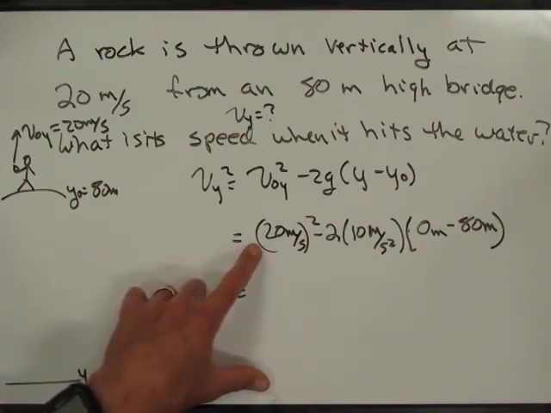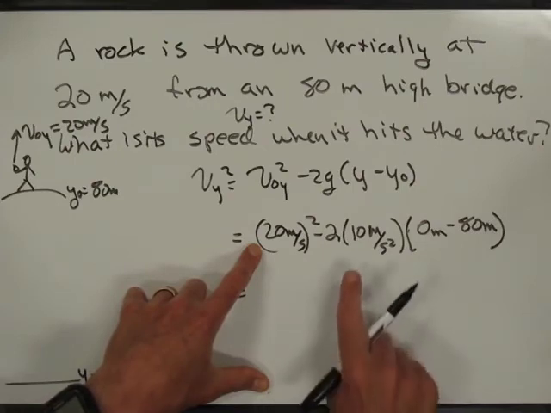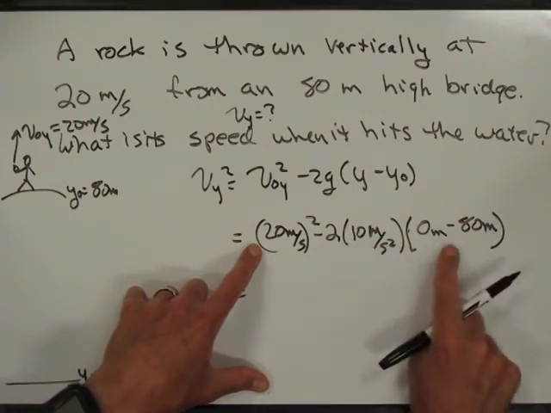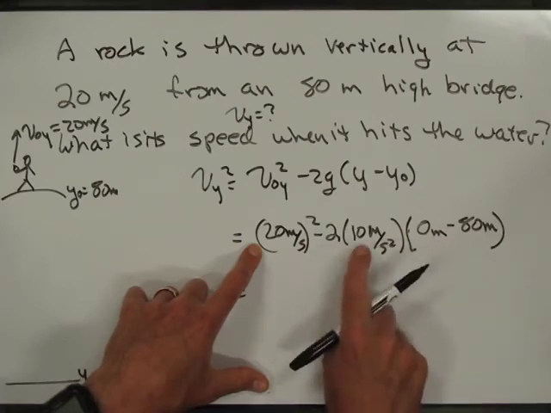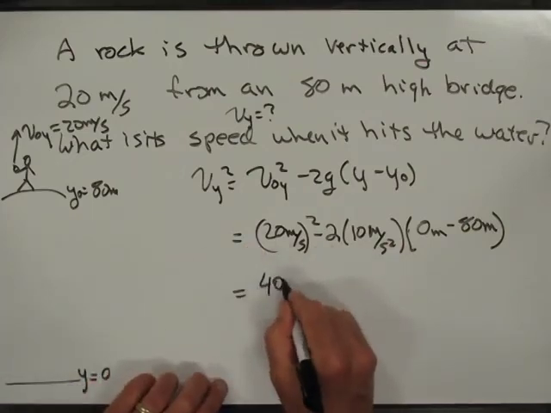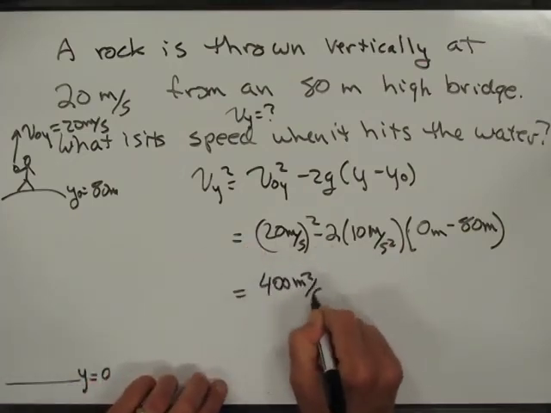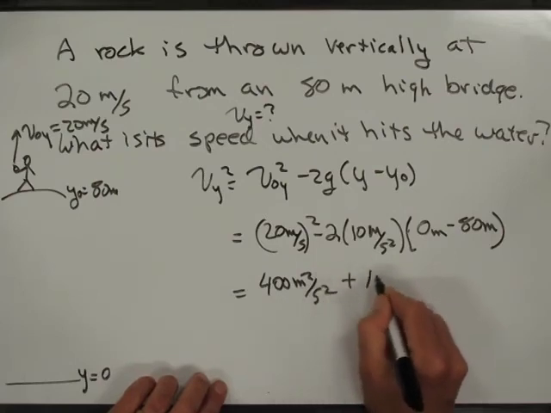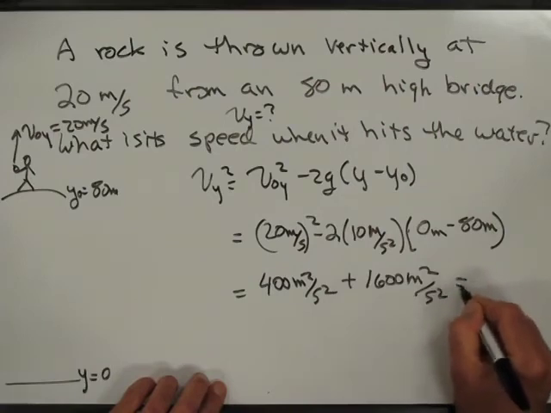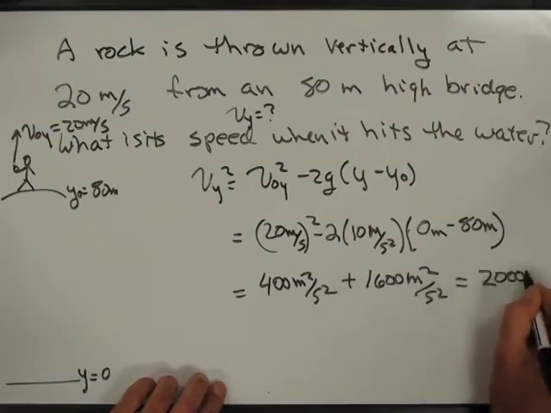20 squared is 400, right? 10 times minus 80 is minus 800, times 2 is minus 1600, times a minus sign is 1600. So it's 400 meters squared per second squared plus 1600 meters squared per second squared, which is 2000 meters squared over second squared.